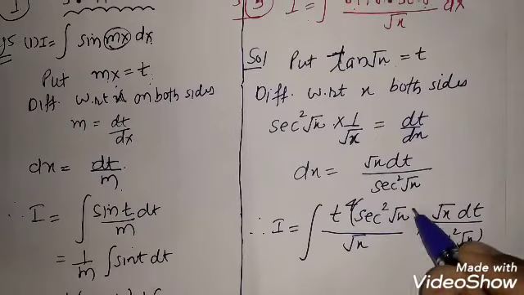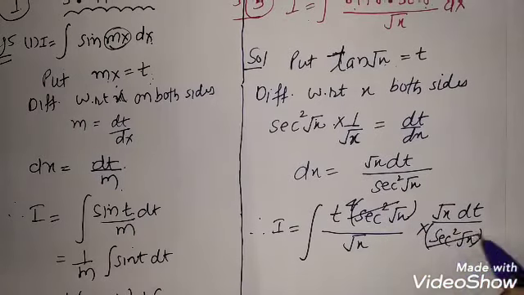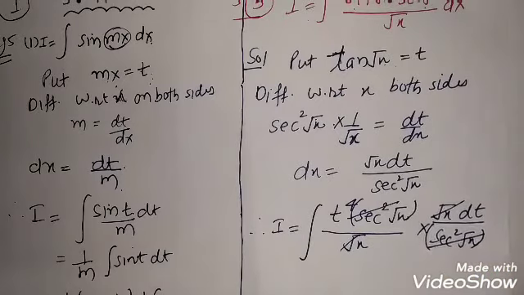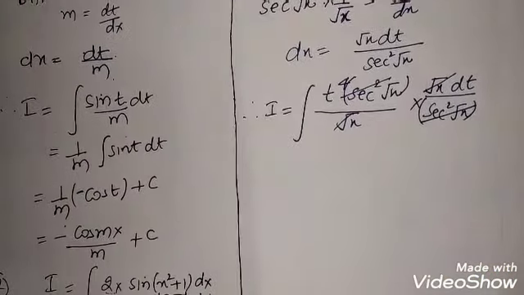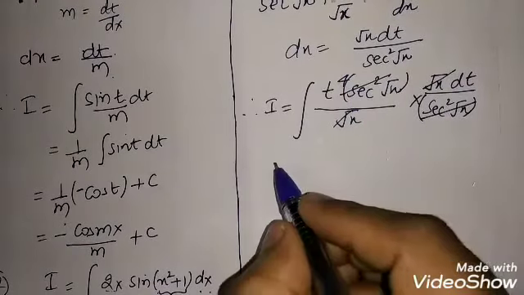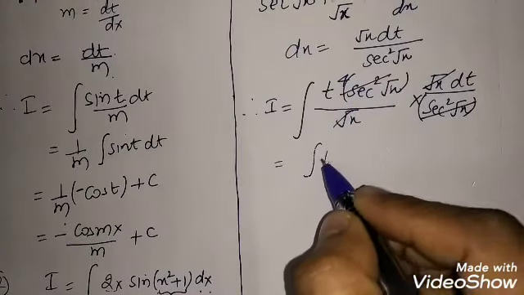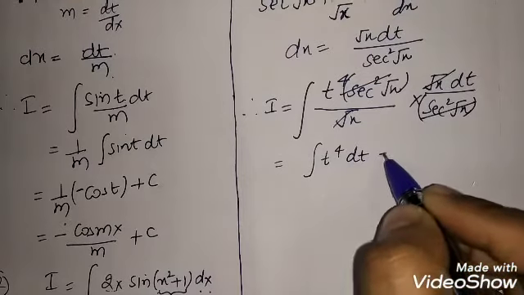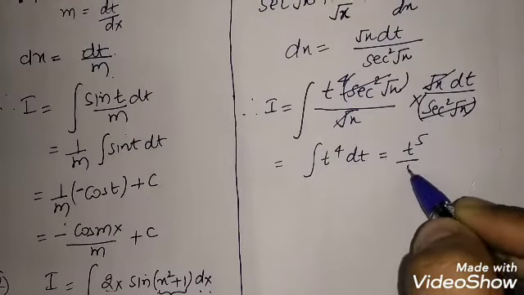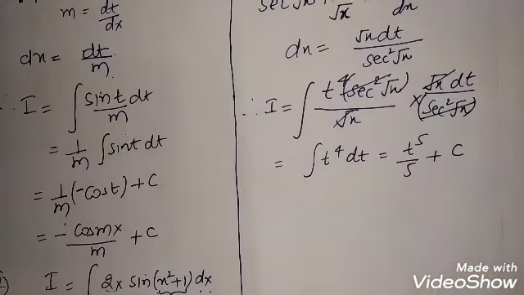This whole thing will cancel, and √x is also cancelled. We are left with only one thing: the integration of t⁴ dt. You know the integration of t⁴ is t⁵ upon 5 plus c, where c is the integration constant.